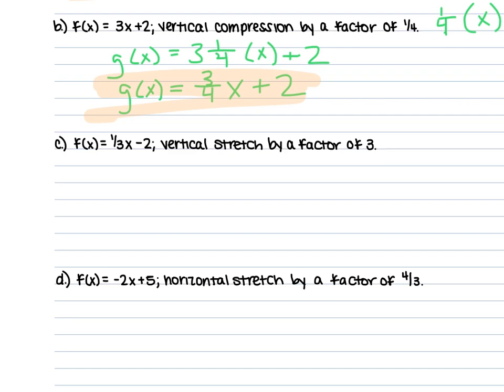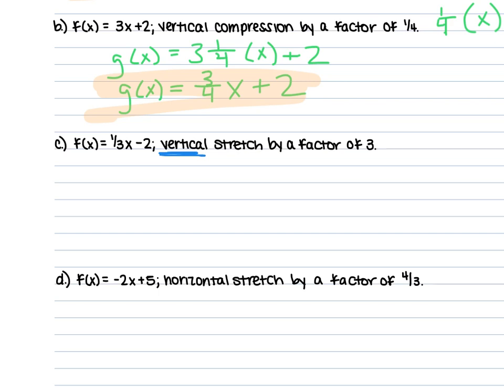All right, so for C, we have 1/3 x minus 2, and then we're applying a vertical stretch by a factor of 3. So what do we need to do to x to apply this vertical stretch by a factor of 3? Multiply by 3. The inside or outside? The inside? Remember, vertical happens outside, horizontal's inside. Oh, okay. So, for this one, when we do it, it really doesn't matter. But if it was like an absolute value one, or if it was a quadratic with parentheses, then it would really matter.